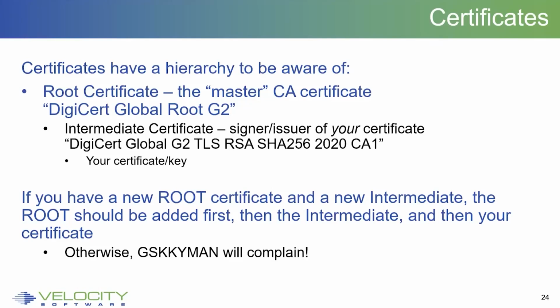So your certificate refers to the intermediate, which refers to the root. So if you have a new root certificate and/or a new intermediate, add the root first or confirm you already have it, then the intermediate, and then your certificate.